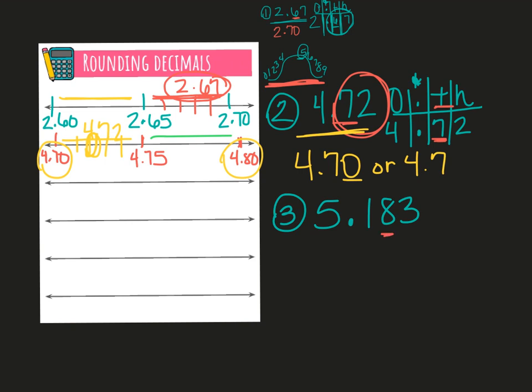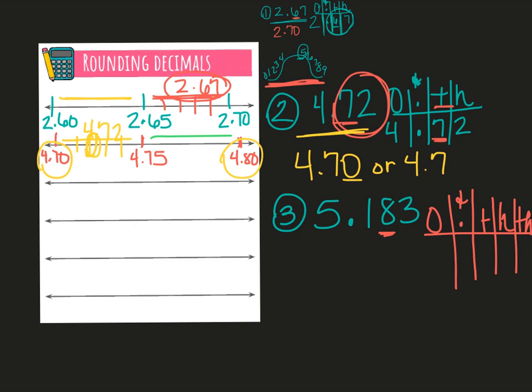And so I know that that's my hundredths, but remember your job is to set up your place value chart. So I have my ones, then I have my end symbol, then I have my tenths, my hundredths, and my thousandths, okay?